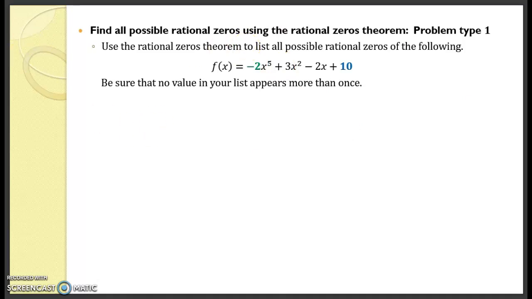So all of our zeros, if they exist, okay, are going to be some x value, and they're going to be of the form factors of the constant term divided by factors of the leading coefficient.